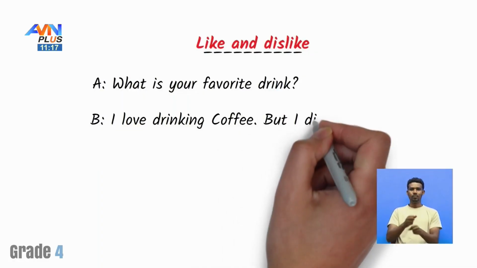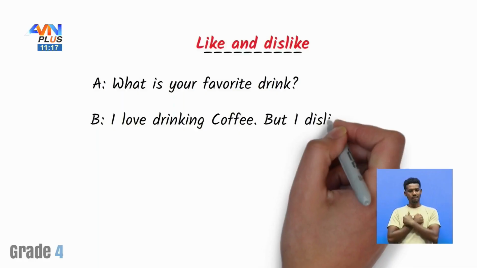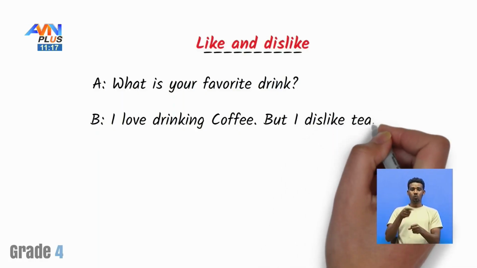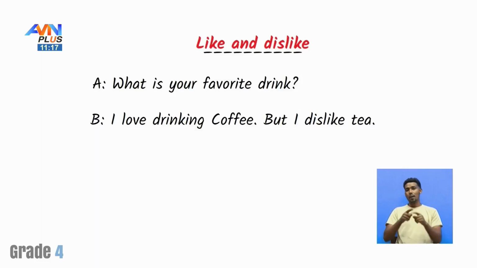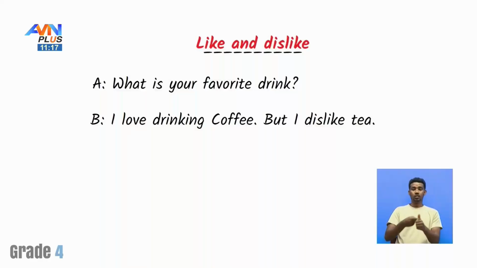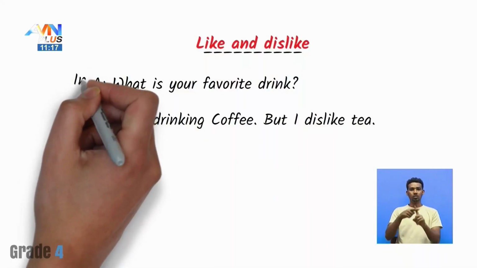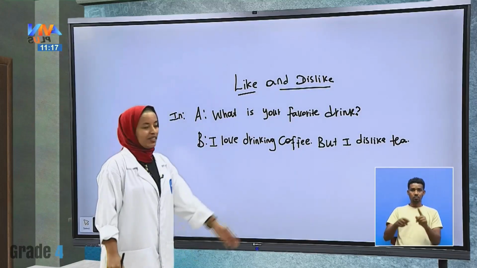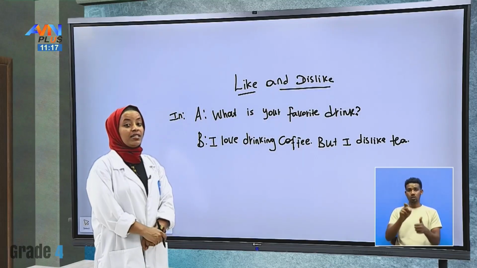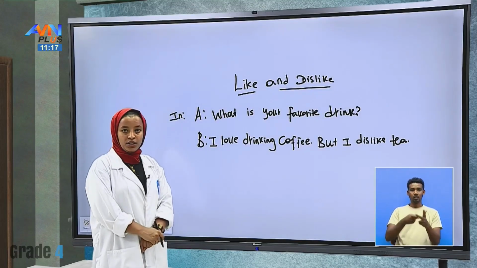Look, students, I love drinking coffee. And also here, we can use a comma, but I dislike what? Tea. I dislike tea. The first one is interrogative form. The next one is positive form. And the last one is negative form by using dislike or I do not like.